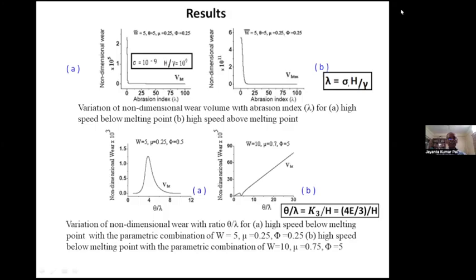And we can see very large wear when the abrasion index is very small. And then it falls. And as the abrasion index rises, abrasion should take over and the curve should rise.